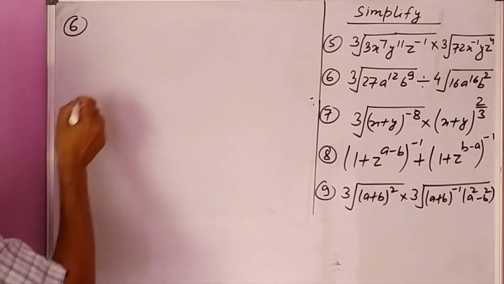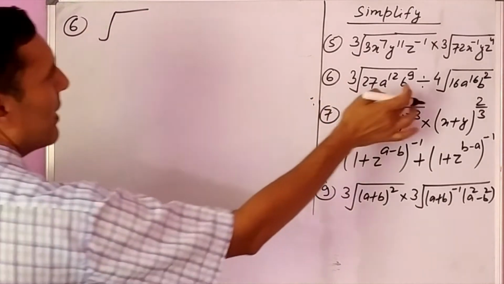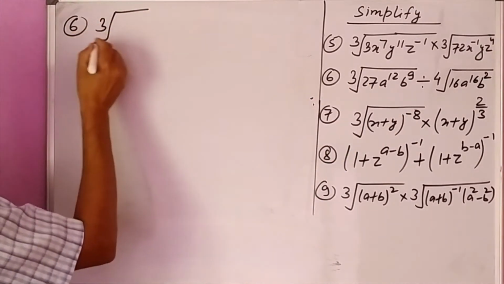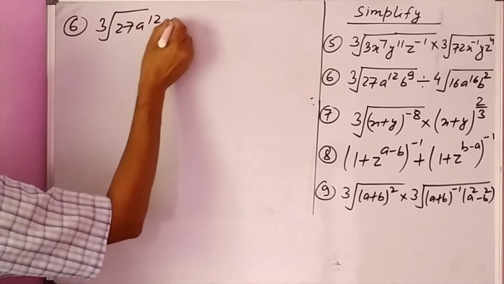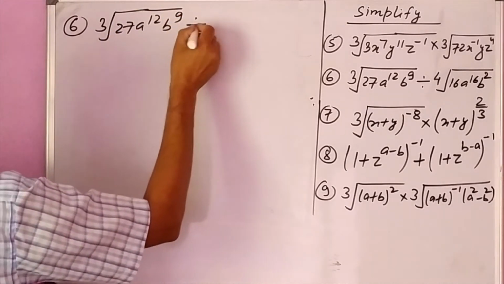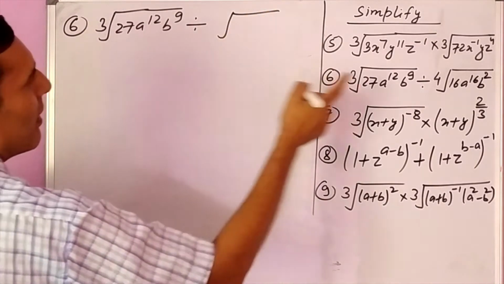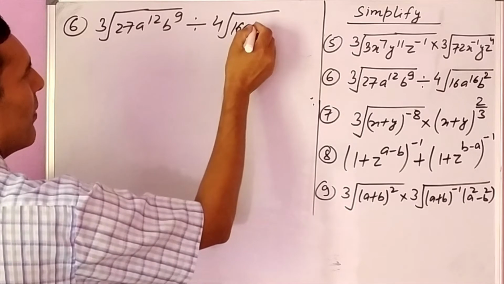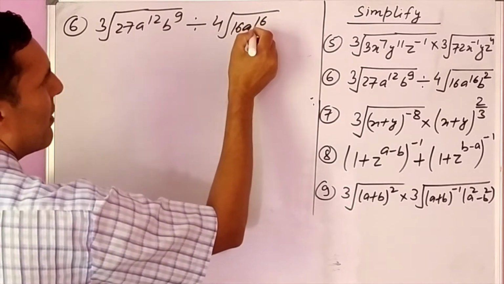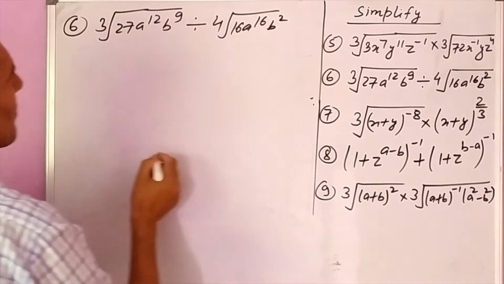Question number 6 is also similar, but it is in a division form. 27 a to the power 12 b to the power 9 divided by, it is root of the order 4, 16 a power 16 b power 2.